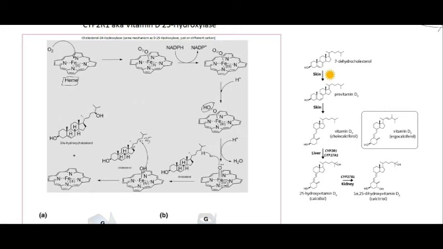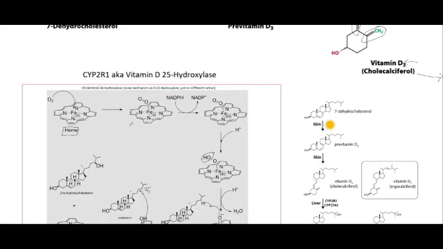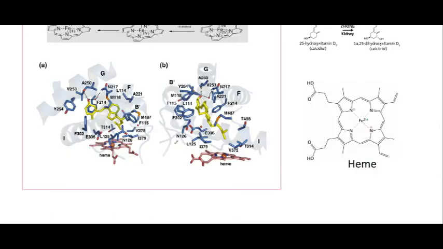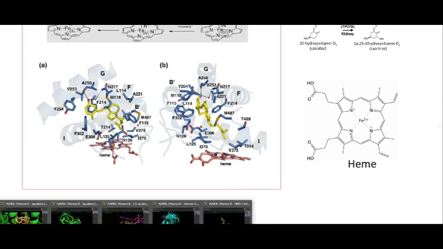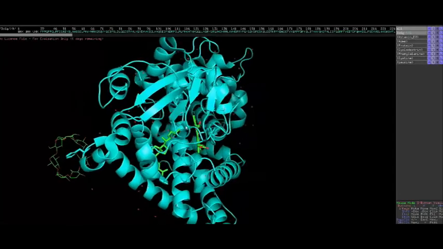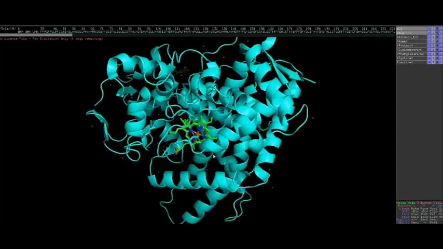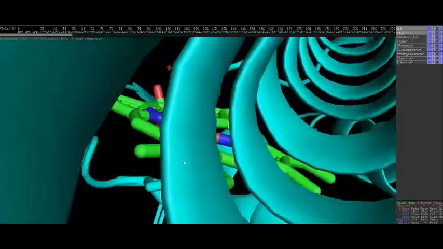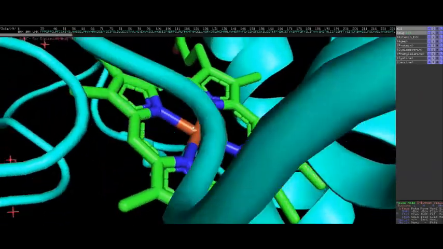So this is the calciferol here, and we're putting this hydroxyl on it to generate the 25 vitamin D hydroxylase. So this just shows the active site, but I have the structure here, and so we can see down in here this iron in the heme group, this big heme group in green.